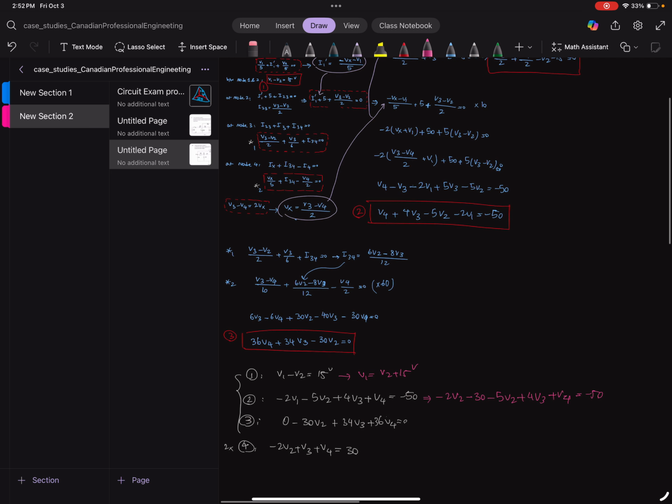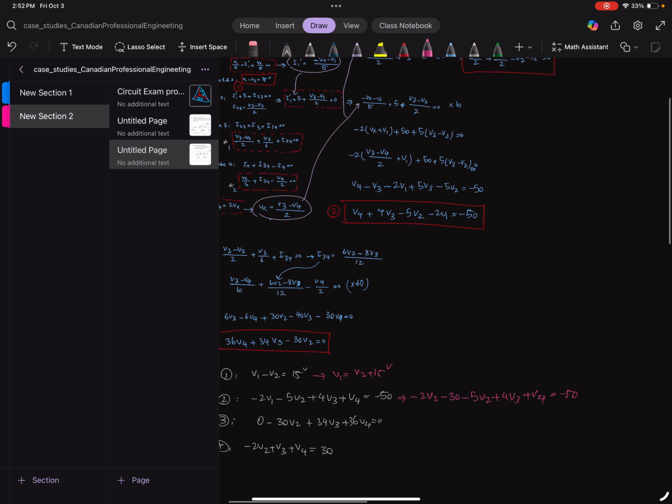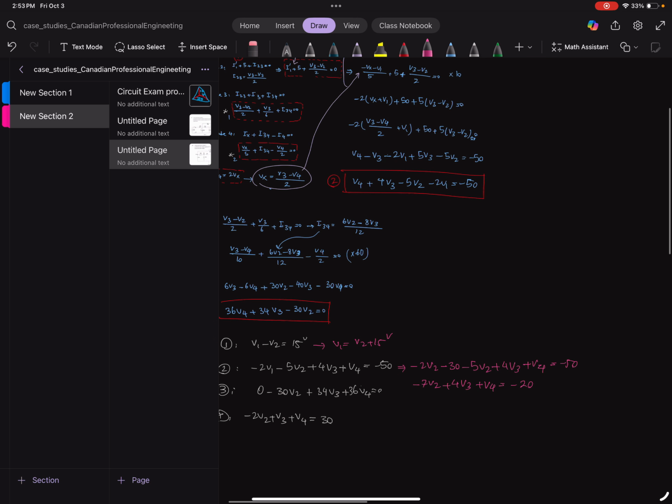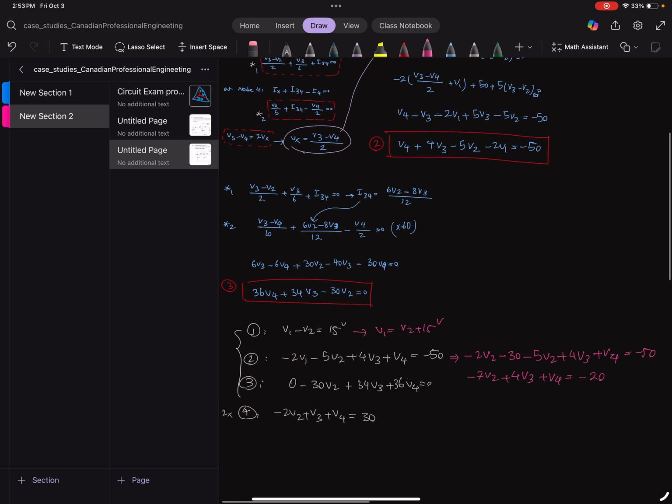And then if we rewrite this one again, it's going to be minus 7 V2 plus 4 V3 plus V4 is equal to minus 20, because minus 50 and the 30 goes over there. So that's our equation, V2, V3, V4. Then we have another V2, V3, V4, and then another one, okay?